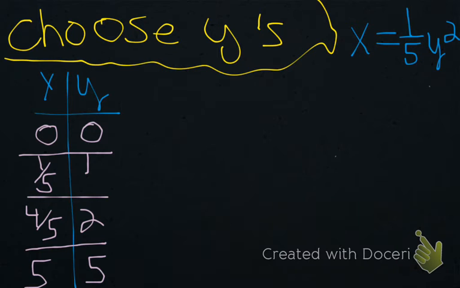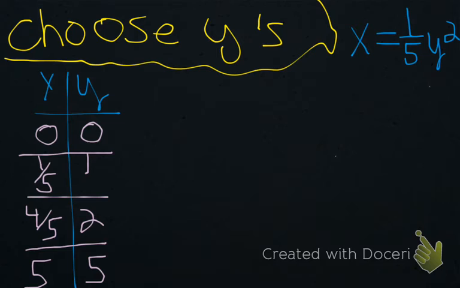So let's go ahead and graph these. So first we had 0, 0. So let's go 0, 0. Okay. As you can see, this is very hard to graph, I guess you could say. But we'll try our best. And then we have 1/5, 1. Across 1/5, up 1.